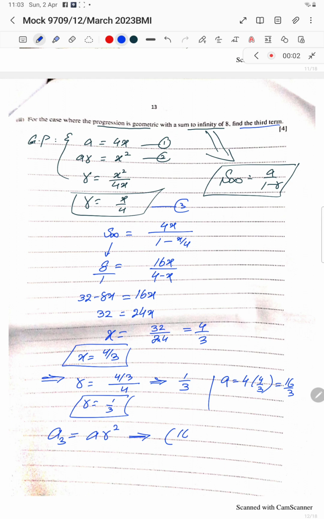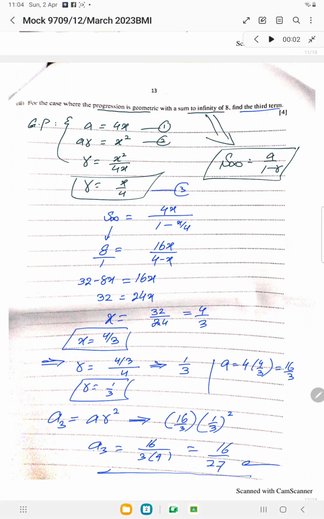So a is 16 by 3 and r is 1 by 3 squared. I will get 16 by 3 times 9, that is 16 by 27. This is the final answer for part 2 of question number 8.